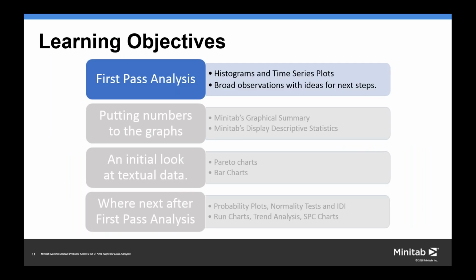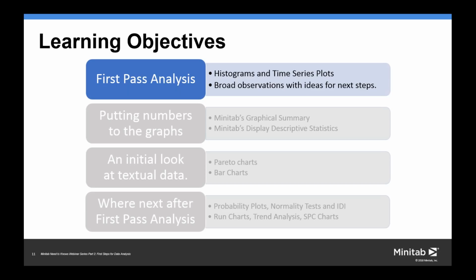So that was first pass analysis, and we looked at how histograms and time series plots can be used together to quickly take a look at your data, to make broad observations, and to spot things that might be worth looking at later in more detail. I think it's worth noting that at first glance, sometimes people can feel a little bit underwhelmed about first pass analysis.